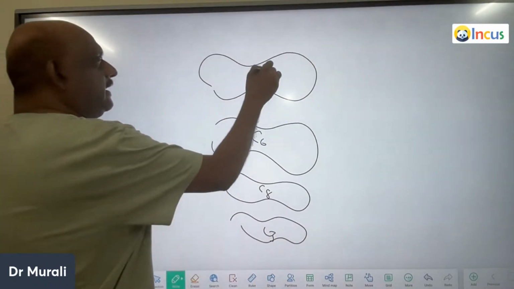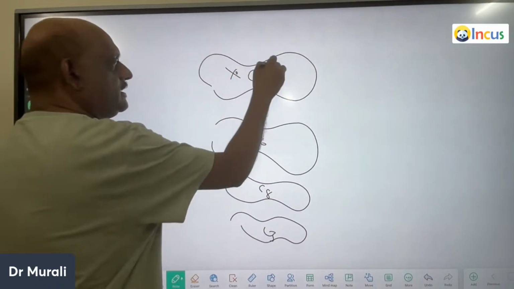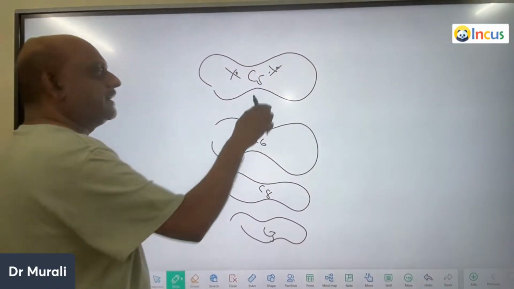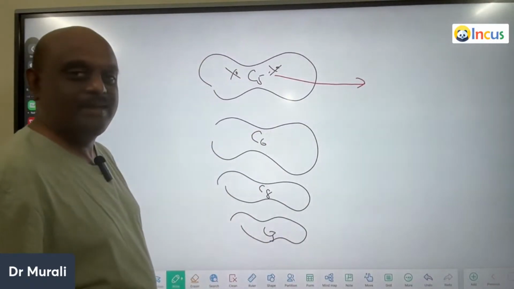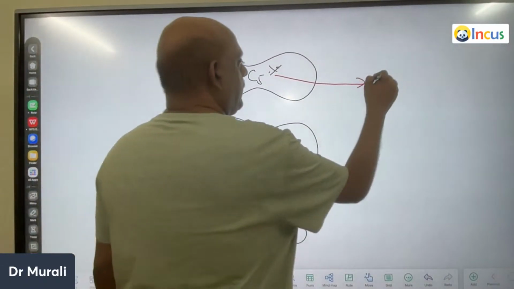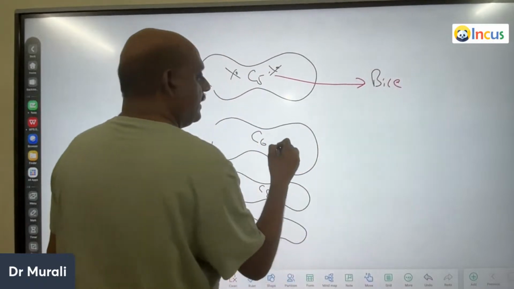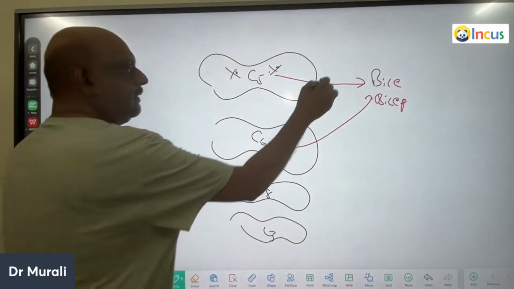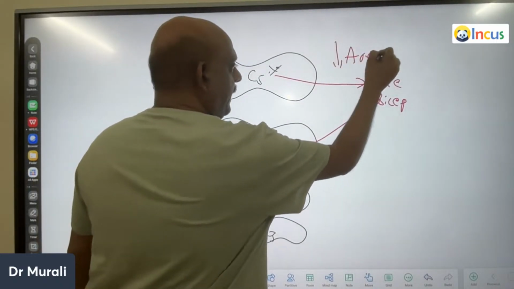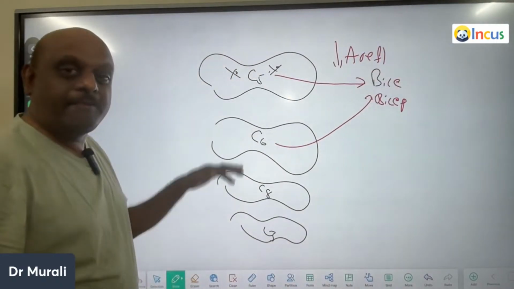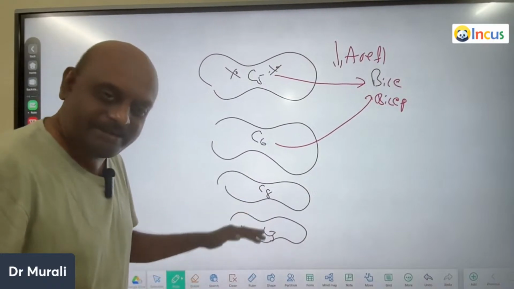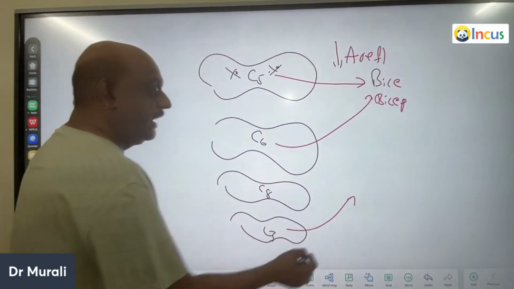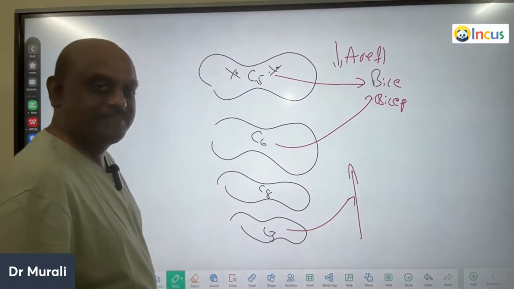Whenever there is any lesion of the anterior horn cells at this level, then whatever reflex is supplied by them, that is, biceps jerk is supplied by C5 and C6, becomes areflexic. And below the level of the lesion, whatever jerks are there, like knee jerk at the level of L3, becomes hyperreflexic.